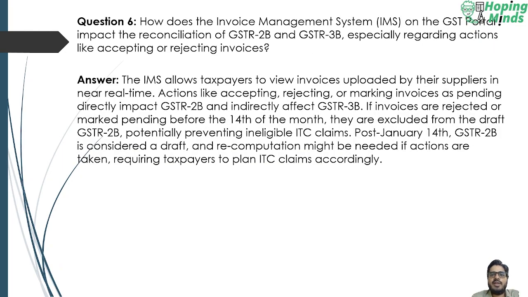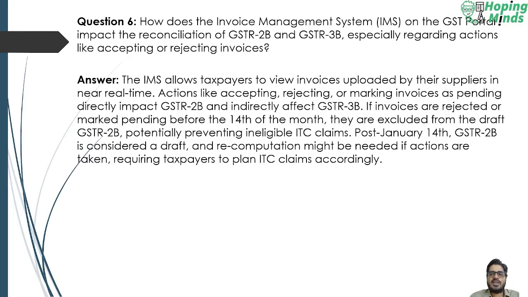Next, how does the invoice management system, that is IMS, on the GST portal impact the reconciliation of GSTR 2B and GSTR 3B, especially regarding actions like accepting or rejecting invoices? The IMS allows taxpayers to view invoices uploaded by their suppliers in near real-time basis. Actions like accepting, rejecting or marking invoices as pending directly impact GSTR 2B and indirectly affect the GSTR 3B.